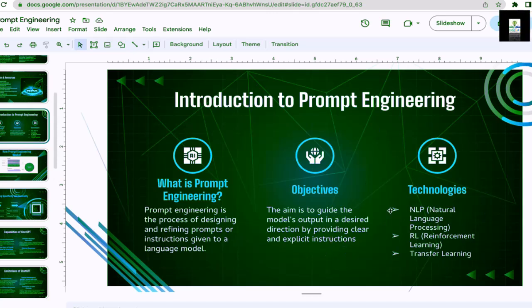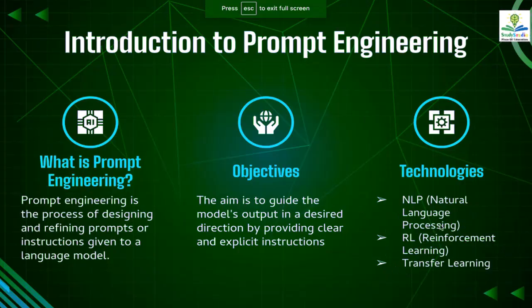Alright, so let's move on to the third one here, technologies behind prompt engineering. So let me do the slideshow. As you guys can see here, there are three technologies that I listed here. Obviously there are more than these three, however these three are the most important ones. So let's begin with the first one here, NLP, which stands for natural language processing. NLP encompasses a range of techniques and algorithms that enable computers to understand, interpret, and generate human language.